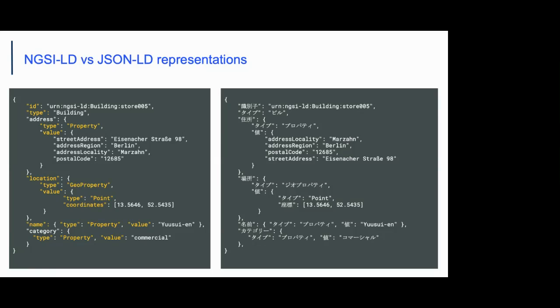I could have gone further. I could have changed point to the Japanese equivalent. But if you look at the value of the street address, we have got address, which is a type, property, and value. And you notice that the attributes within the value have not been translated.